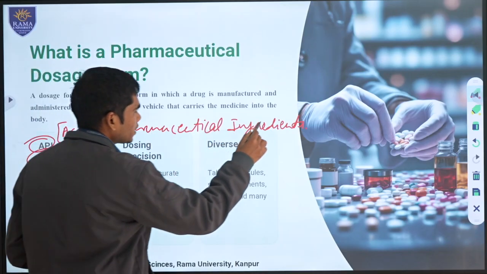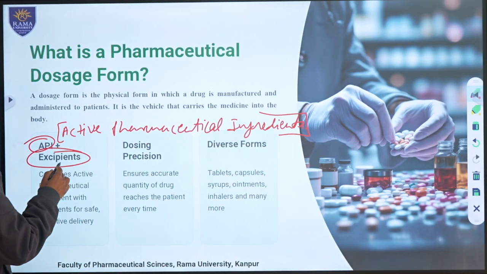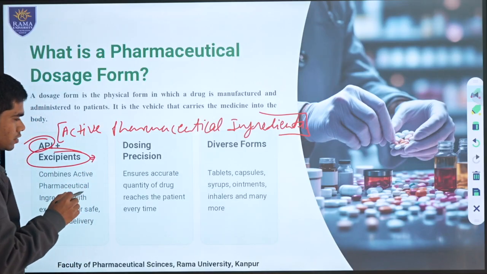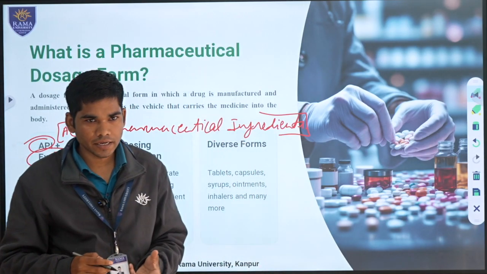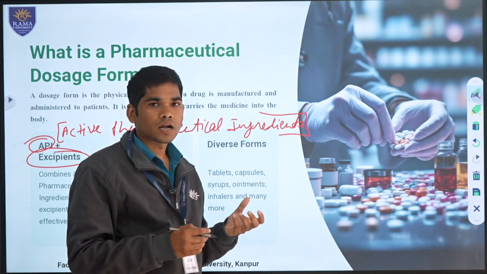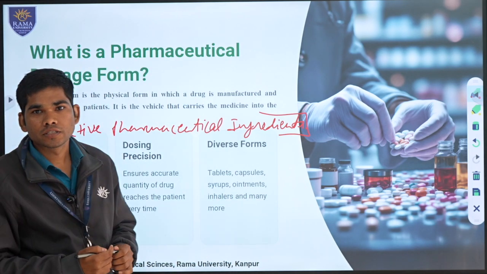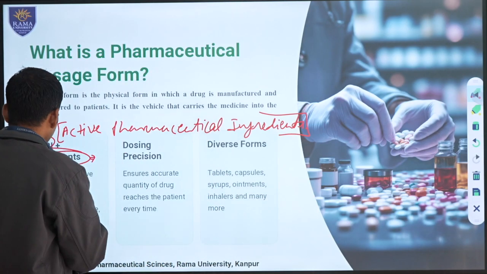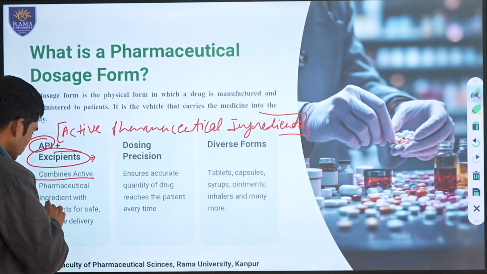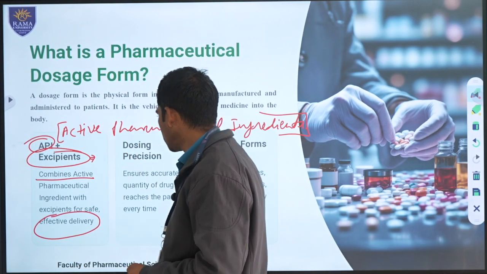The drug is the main component which provides the pharmacological effect. And excipients are the bulking agents, the coloring agents. The excipients are the components which are used to help in the formulation of the dosage form. Then the dosage form combines active pharmaceutical ingredients and excipients for safe and effective delivery.